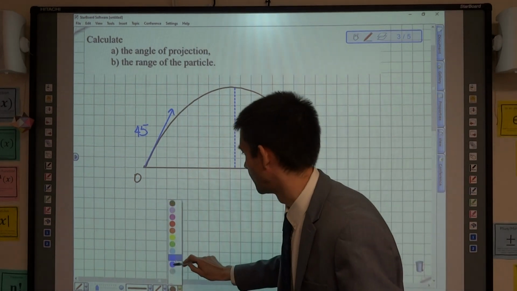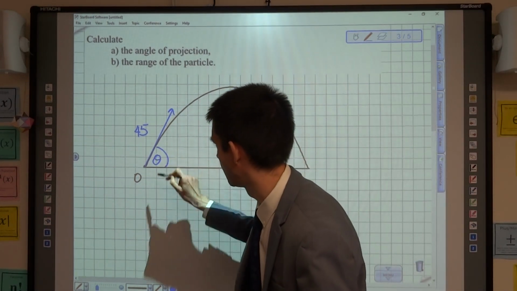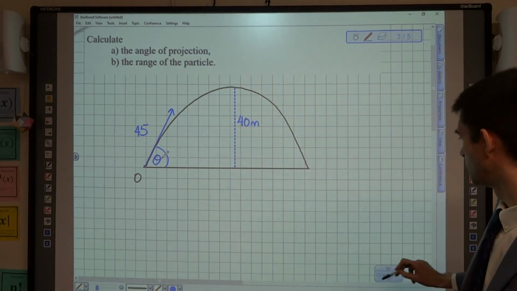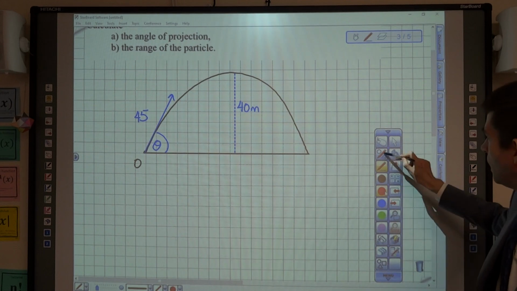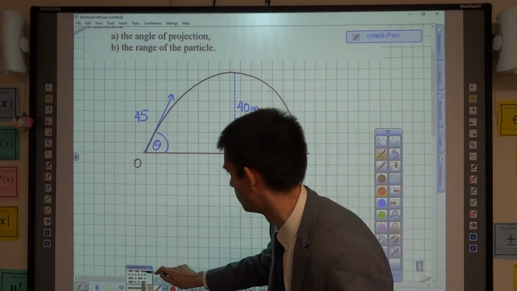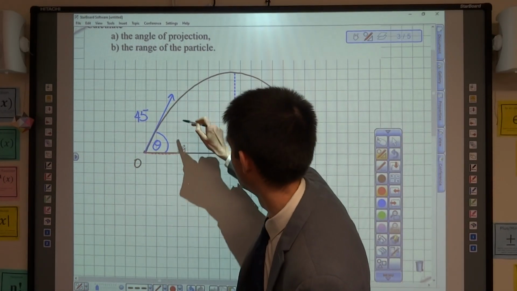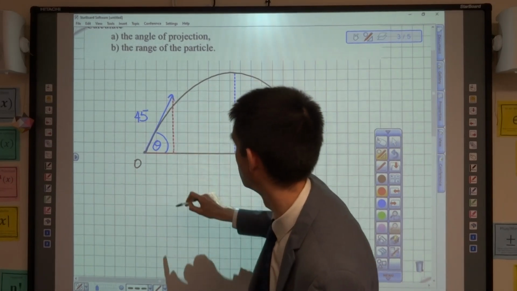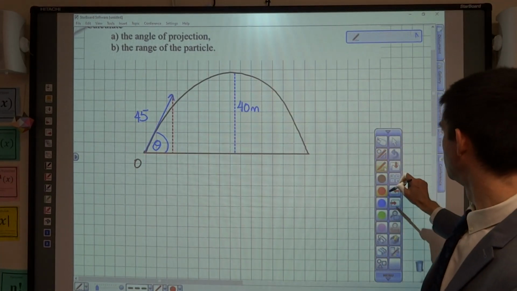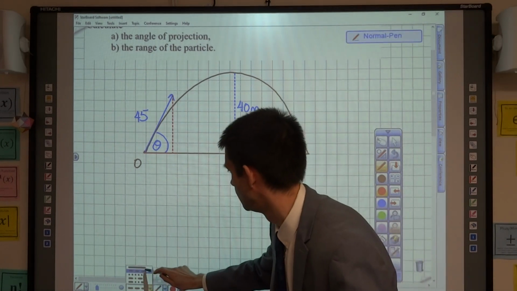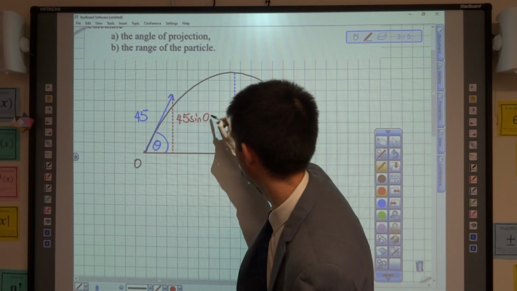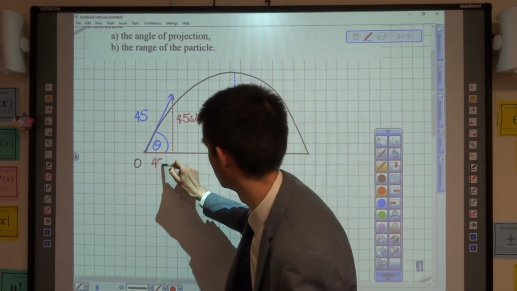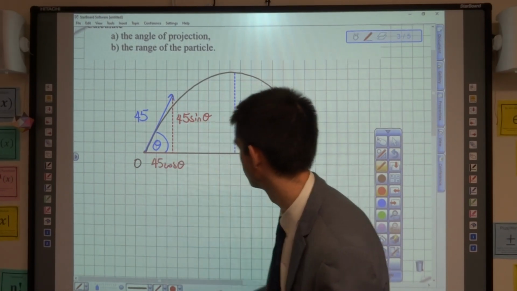We don't know the angle, so I'm going to label it in here as theta. For making it neat I'm going to do the components of that initial velocity here. So we've got the vertical component, which is going to be 45 sine theta, and then the horizontal component, which is going to be 45 cos theta.